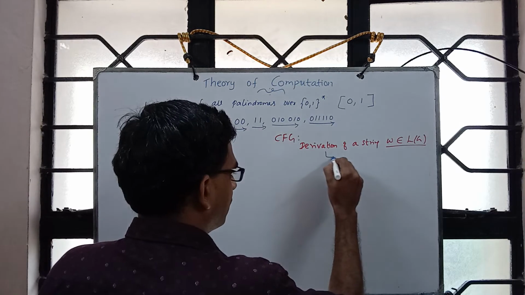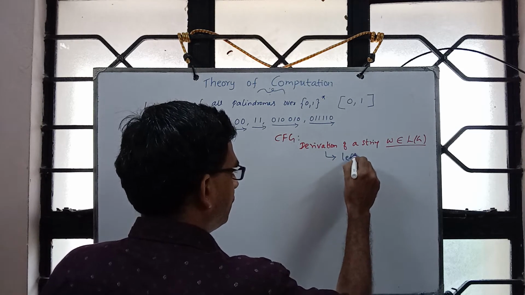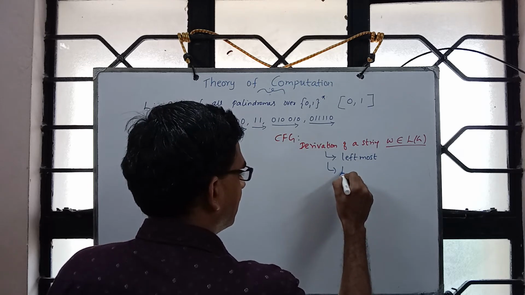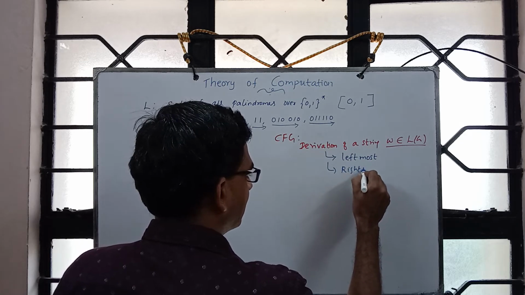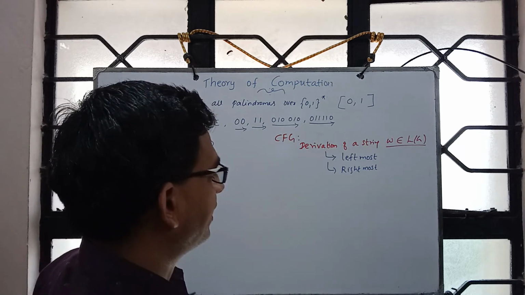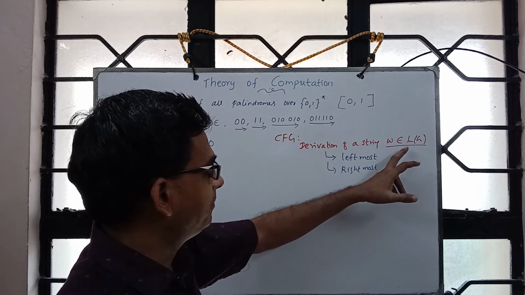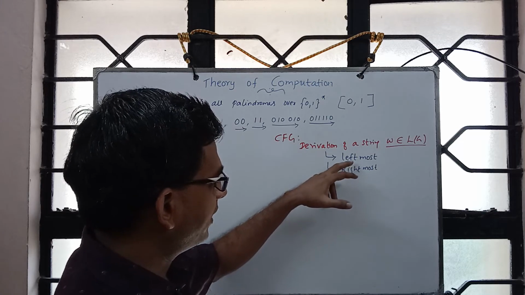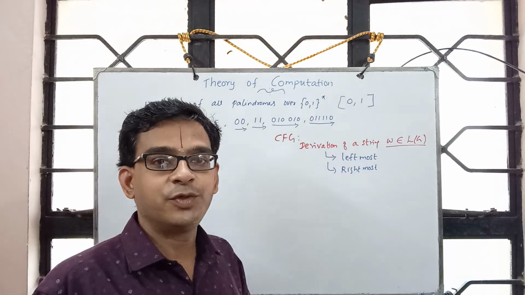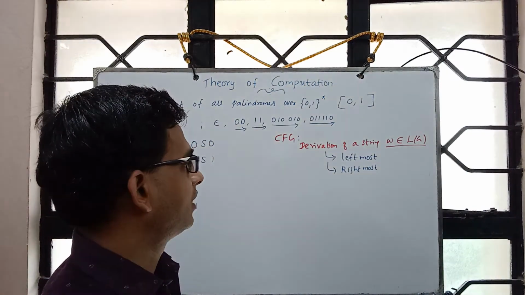This derivation has got two types. One is leftmost derivation. The other one is rightmost derivation. Meaning a string belonging to L of G, one can derive following a leftmost derivation scheme or a rightmost derivation scheme.